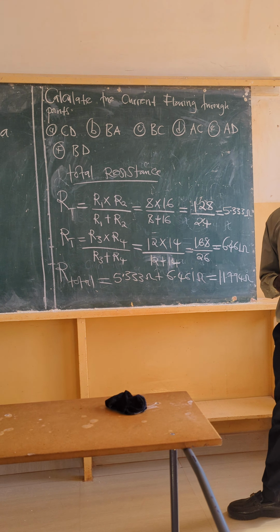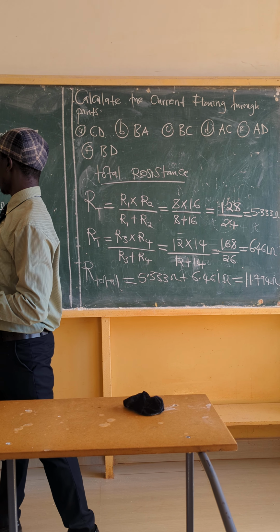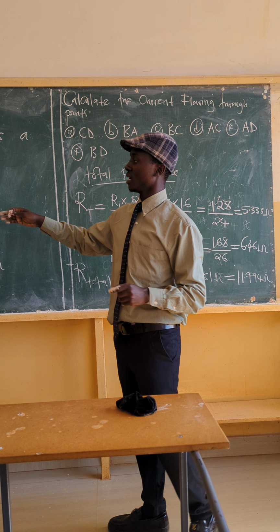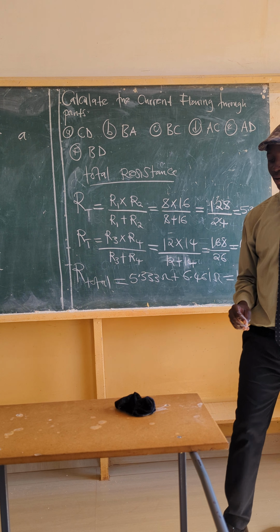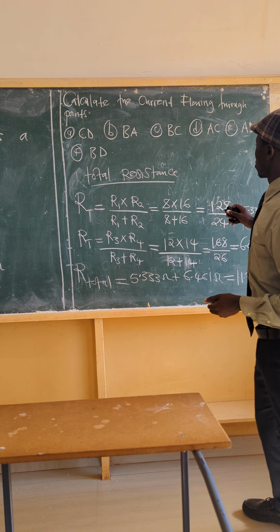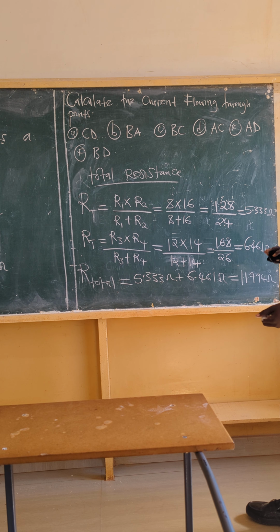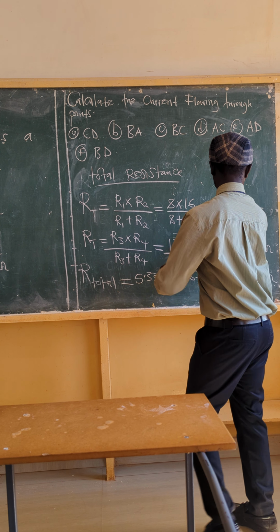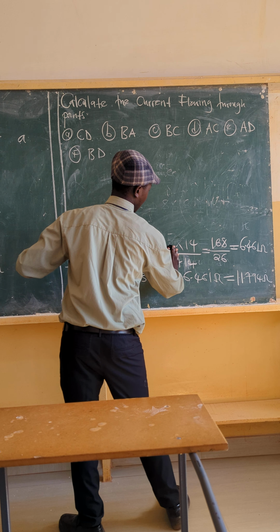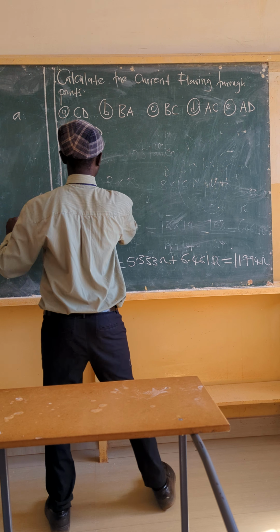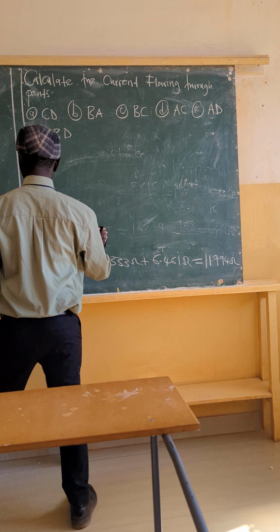The current here, the current there, it should be different, but the voltage is the same because the circuit is in parallel. So now let us find the total current. I want you to understand what is happening here.